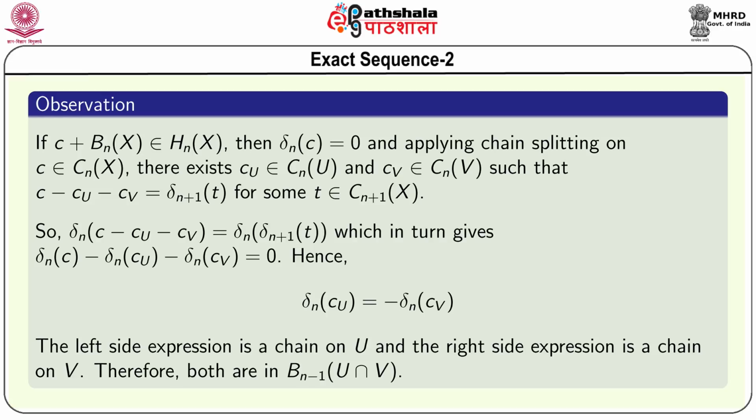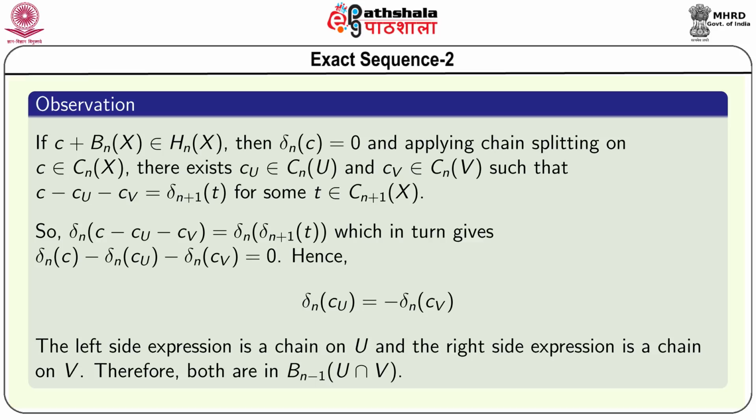If c + B_n(X) is an element of H_n(X), then ∂_n c is equal to 0, and applying the chain splitting on the element c, there exist c_u and c_v such that c - c_u - c_v is of the form ∂_{n+1}(t), where t is in C_{n+1}(X). So, ∂_n evaluated at c - c_u - c_v is equal to ∂_n ∂_{n+1}(t), which in turn gives that ∂_n c - ∂_n c_u - ∂_n c_v is equal to 0.